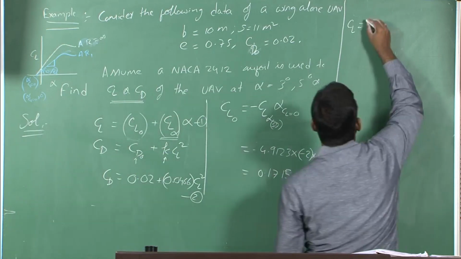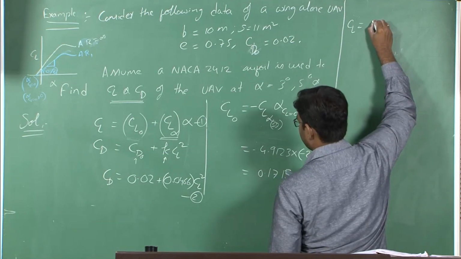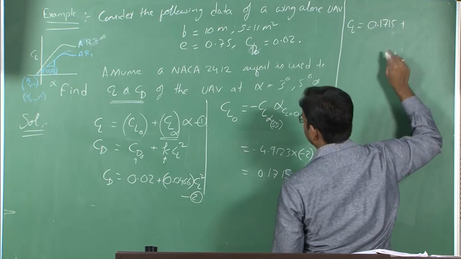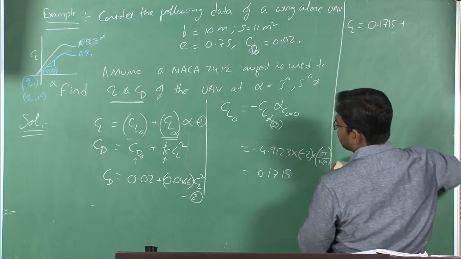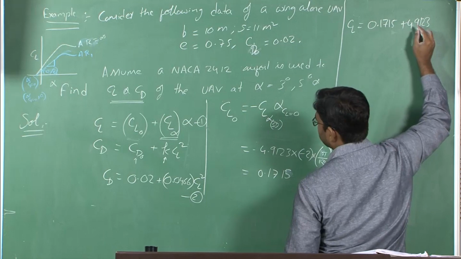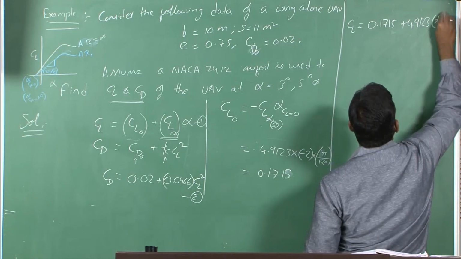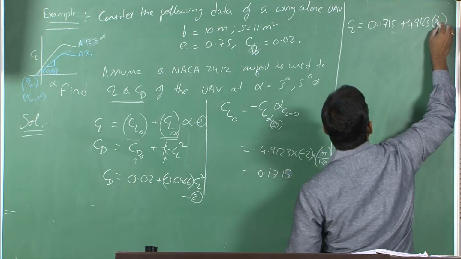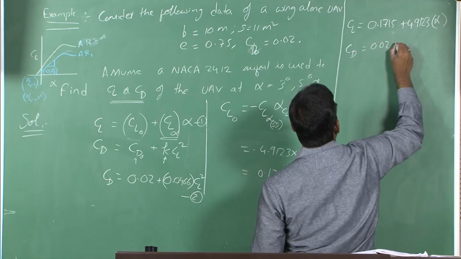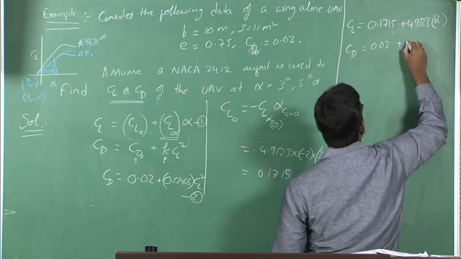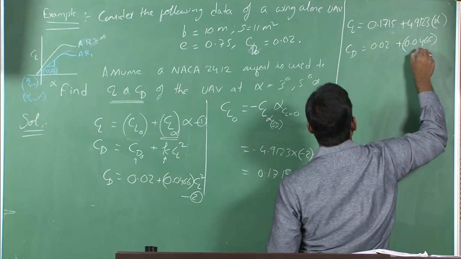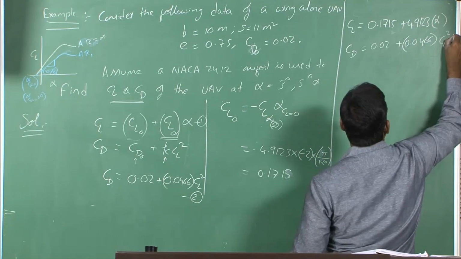So from equation 1, CL is 0.1715 plus 4.9123 into alpha, right. Alpha should be in radians here, and CD is equal to 0.02 plus 0.0466 into the corresponding CL square.